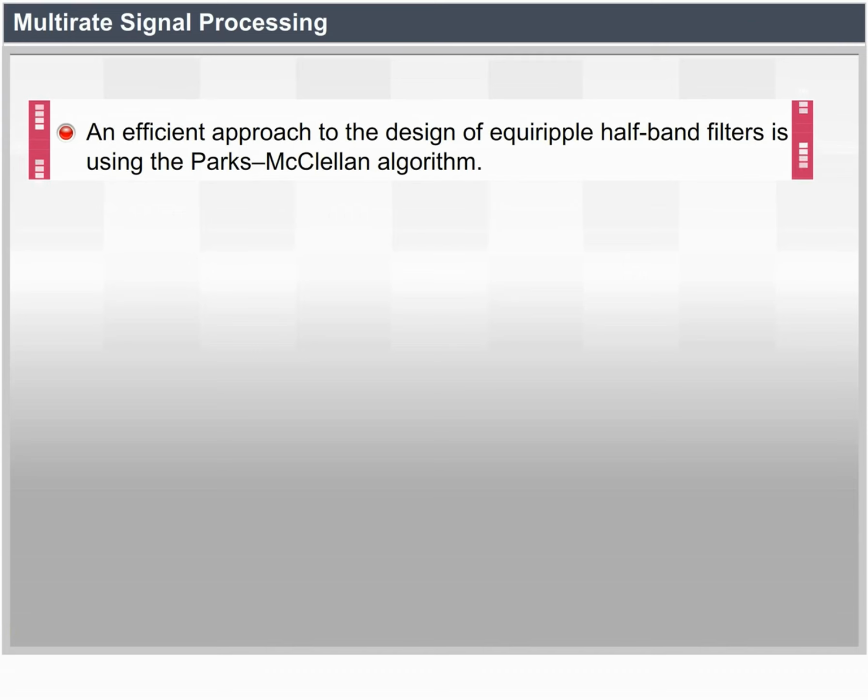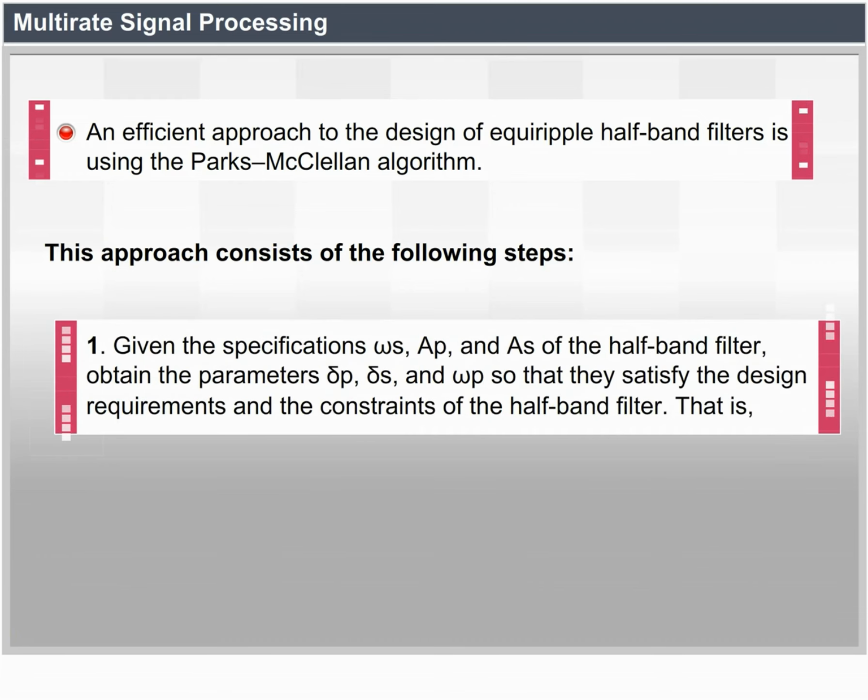Given the specifications omega s, Ap and As of the half-band filter, obtain the parameters delta p, delta s and omega p so that they satisfy the design requirements and the constraint of the half-band filter, that is delta approximately equal to minimum of delta p, delta s, and omega p equal to pi minus omega s, called equation 10.1.65.